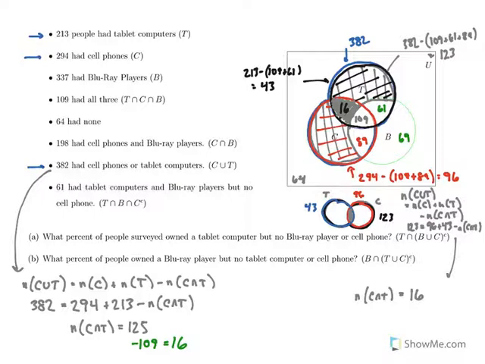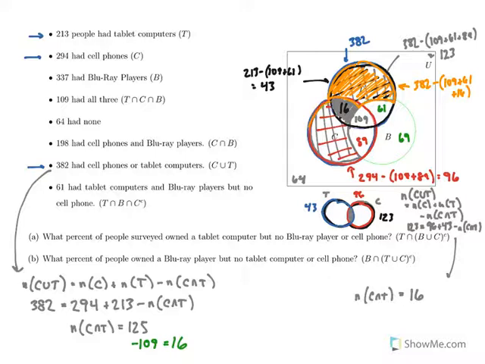All right, we can fill in the rest of our circle here, and then we'll answer the questions finally. So note that to find this chunk of T here, getting a little bit crowded, but we'll just shade it in. We can take 382 and subtract off everything else. 109 plus 61 plus 16.